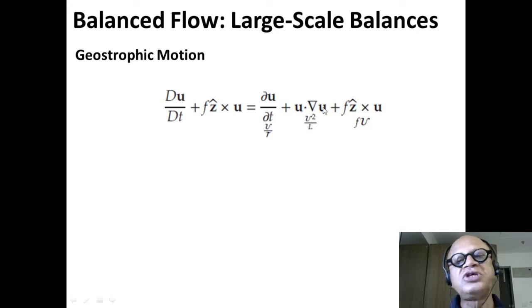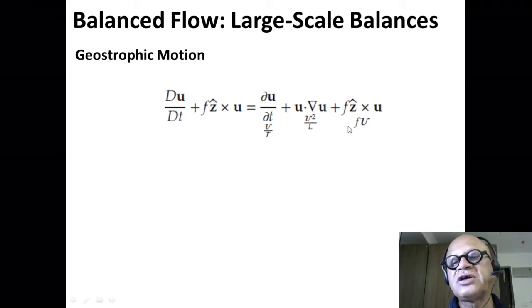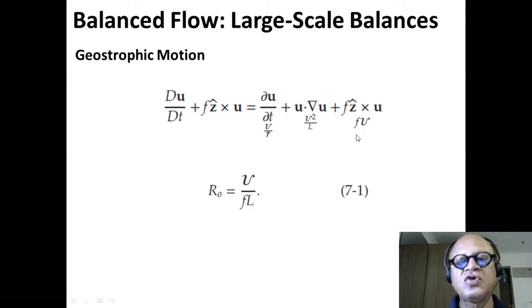Remember, this is a u du/dx kind of term, so it'll be V squared over L, where L is the x and y horizontal scale, so u du/dx plus v du/dy kind of term. The horizontal scales are of order 1,000 kilometers in the atmosphere and, let's say, 100 kilometers in the ocean. The Coriolis acceleration f z cross u is just f times V. We know already the dimension of f and its magnitude.